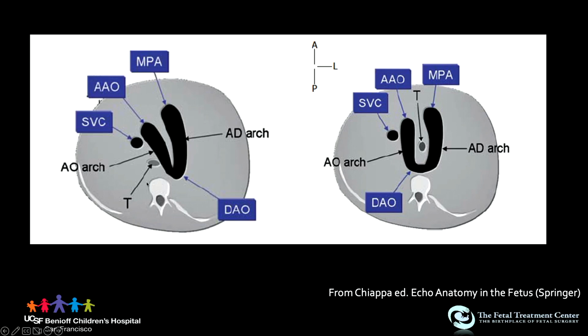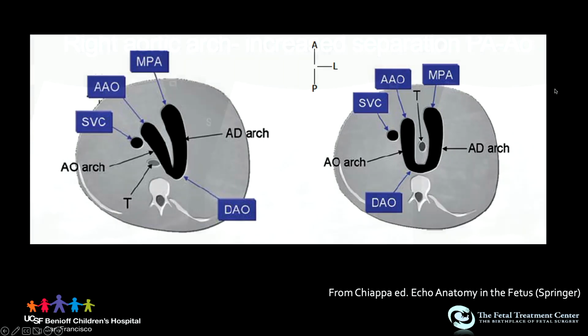Both the ductal and aortic arch, as you can see here, should be to the left of the trachea, and they make this V shape to the left of the trachea. But if you have a right-sided aortic arch, you're going to see it to the right of the trachea, and as the ductal arch joins the aortic arch, instead of seeing this nice V shape, you're going to see this U shape.